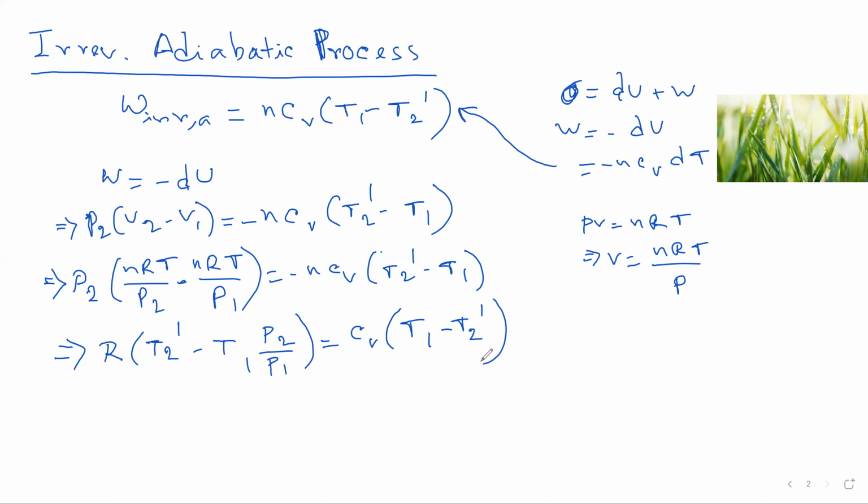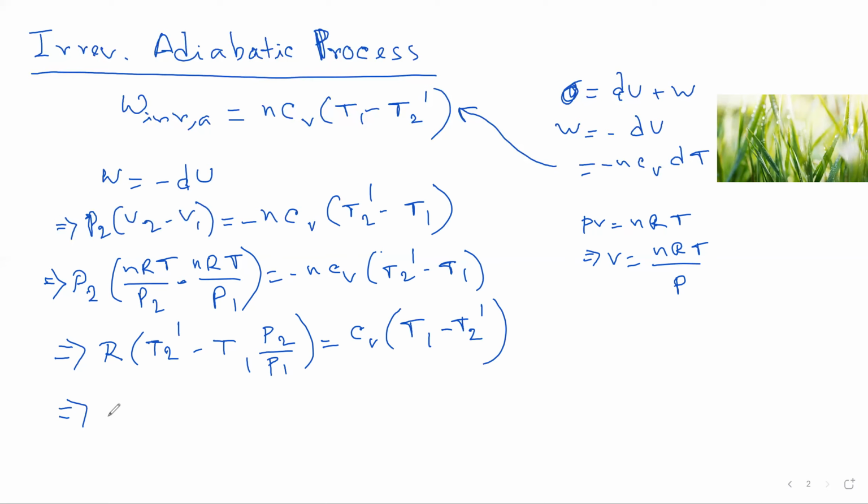I have just reorganized things and got this. If you do not understand this, please let me know. I can explain later, but this is simply doing some position exchange and canceling terms on both sides.